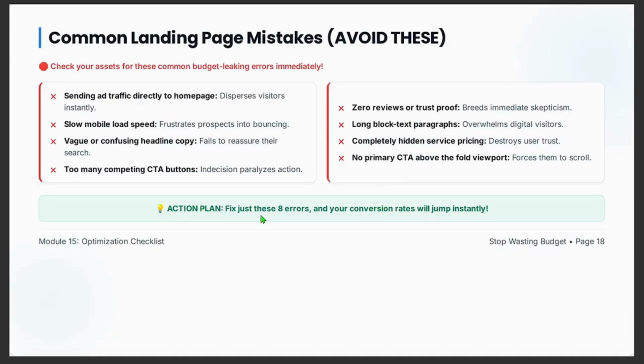So let me share some common landing page mistakes that you must avoid. You must avoid this: sending ads to your homepage, slow mobile speed, weak headlines that don't grab attention, too many CTAs that confuse users, no trust proof or social proof, long or boring text that nobody reads, hidden pricing that makes users very angry, and no CTA above the fold.